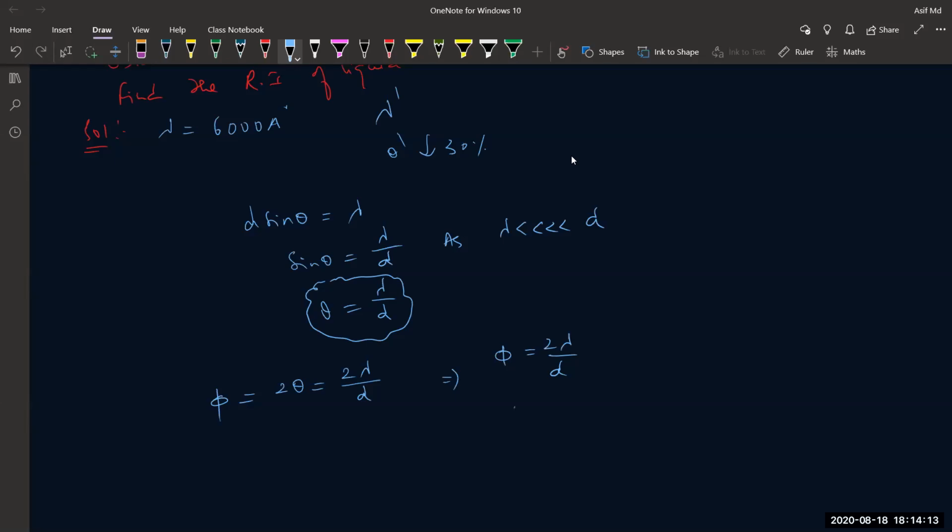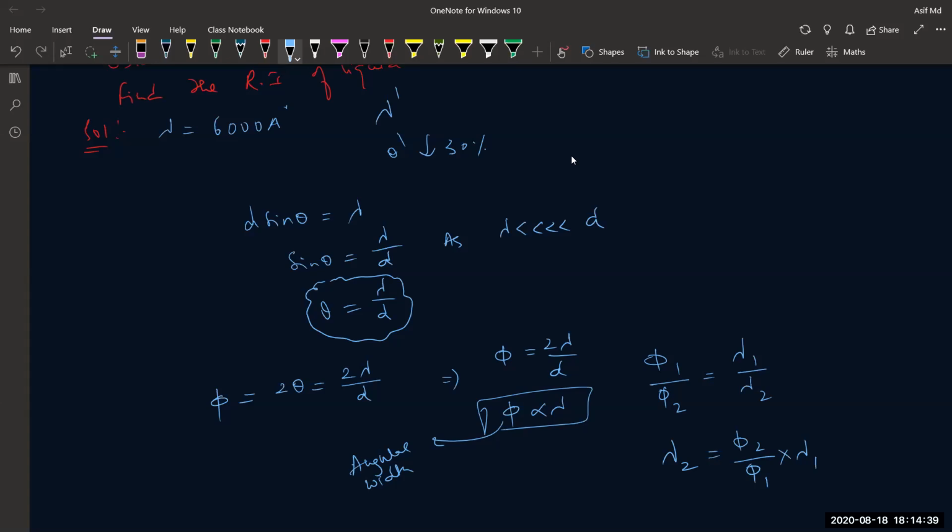I represent this angular width by phi. So phi equals 2 lambda by d. Since 2 by d is constant, phi is directly proportional to the wavelength. So phi 1 divided by phi 2 equals lambda 1 over lambda 2. We need to calculate lambda 2, so lambda 2 equals phi 2 divided by phi 1 into lambda 1.